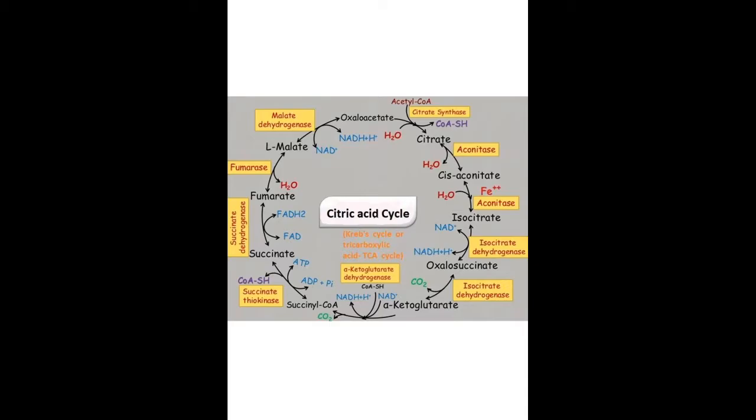In the next reaction, you can see isocitrate dehydrogenase converts isocitrate to oxalosuccinate. NAD is converted to NADH. This NAD is specific for mitochondria. There are other NADs which can be found in cytoplasm.